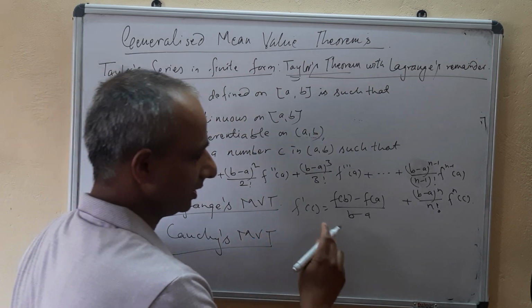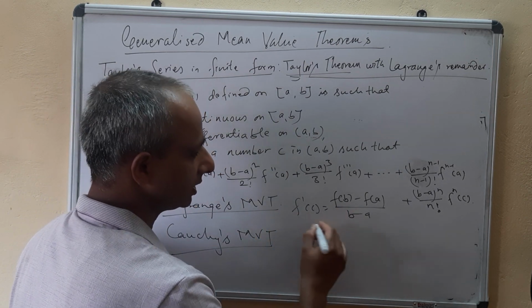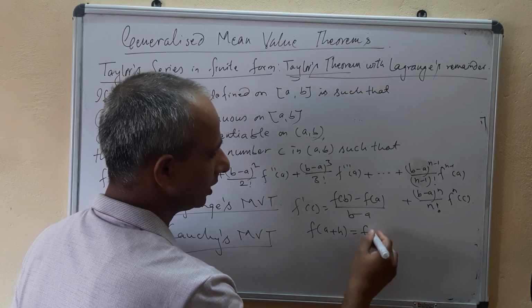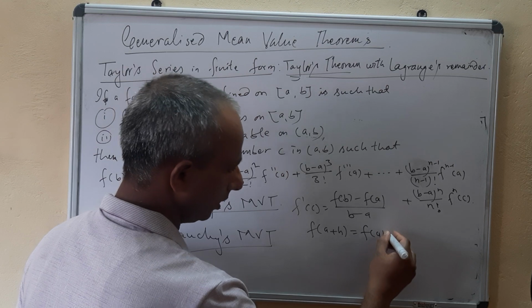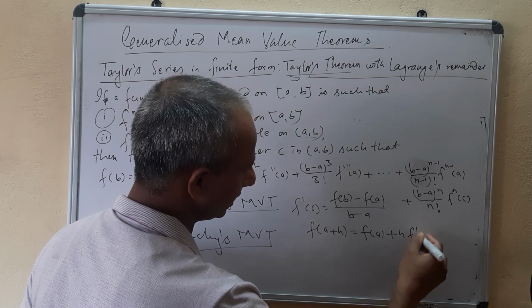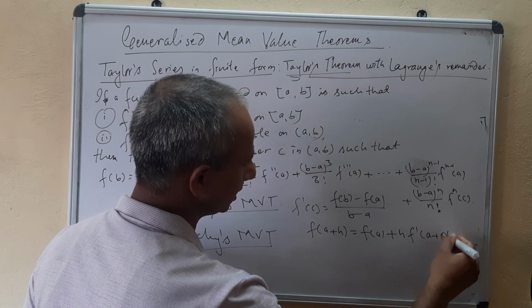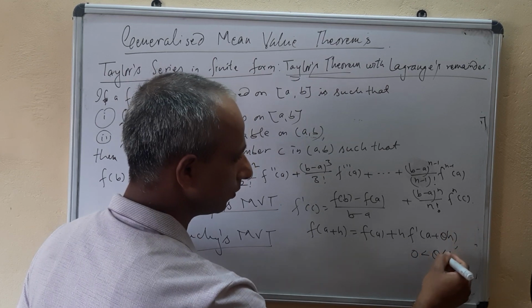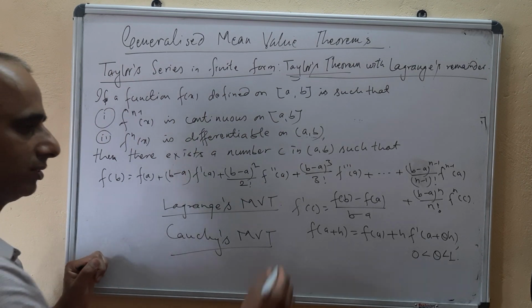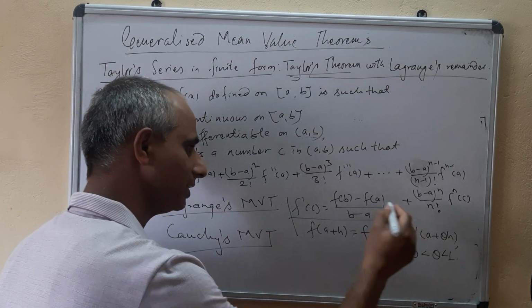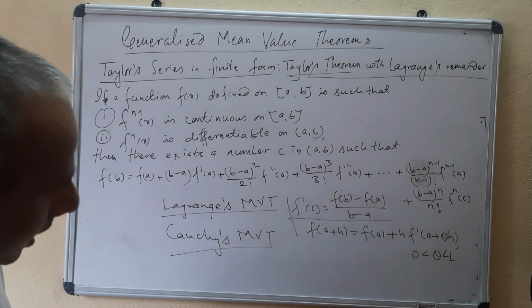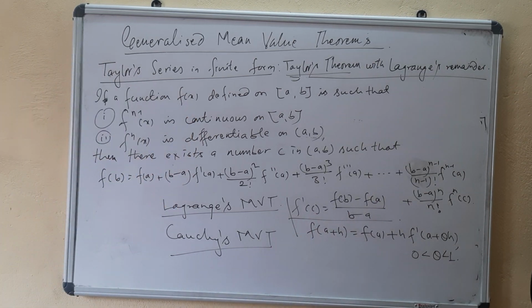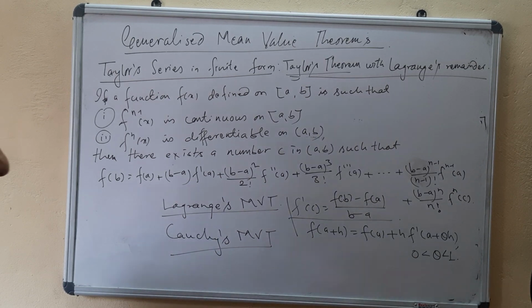And next, if we put b equal to a plus h, then we got another statement: f(a plus h) equals f(a) plus h f'(a plus theta h), provided 0 is less than theta is less than 1. These two forms we learned in Lagrange's mean value theorem. And actually this c was the point between the points a and b in the given interval.